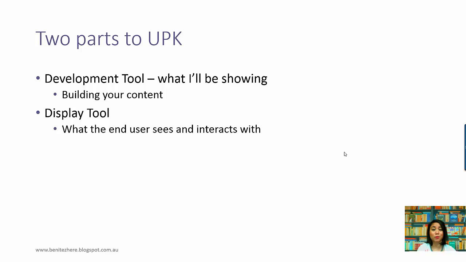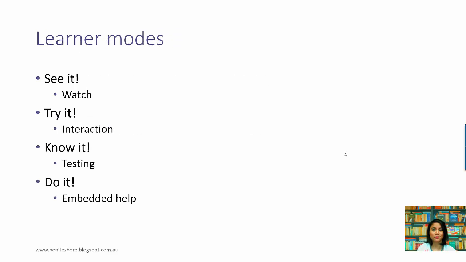And then there is the display tool, which is what the end user sees and interacts with. So today I'm going to be showing you the development tool, how to build your training material and going through that process of editing your content and publishing it.